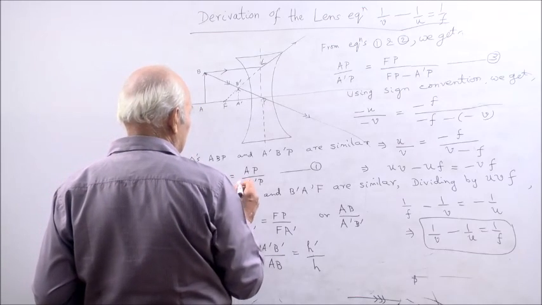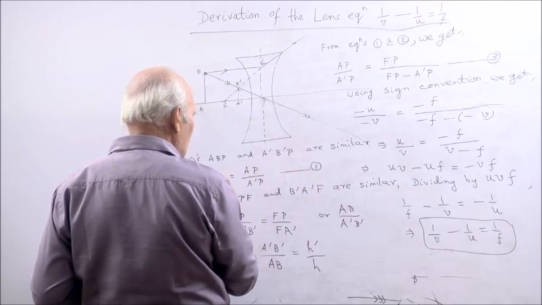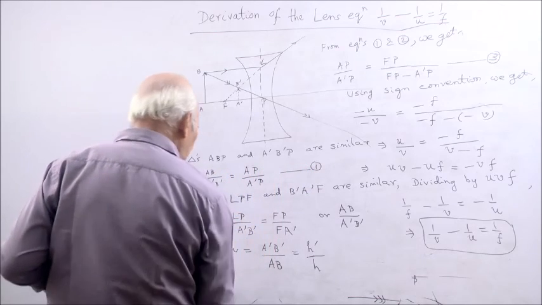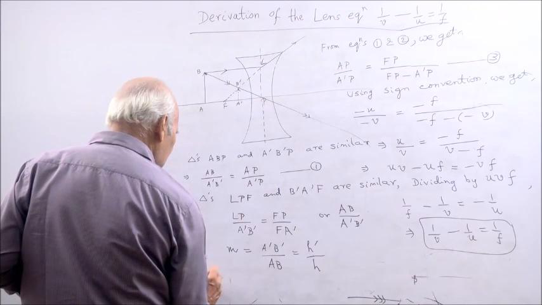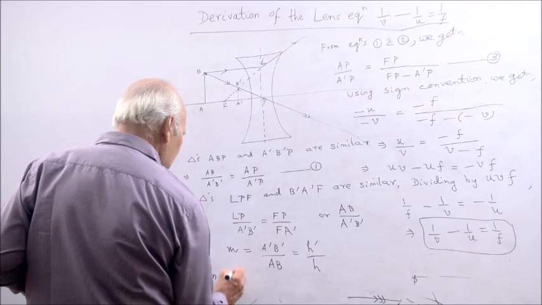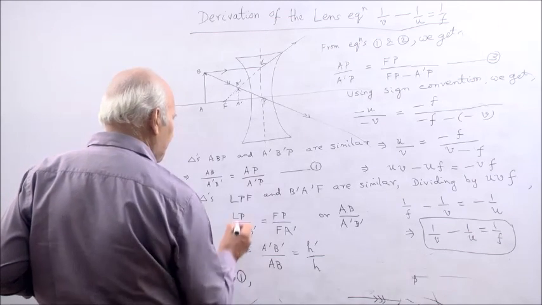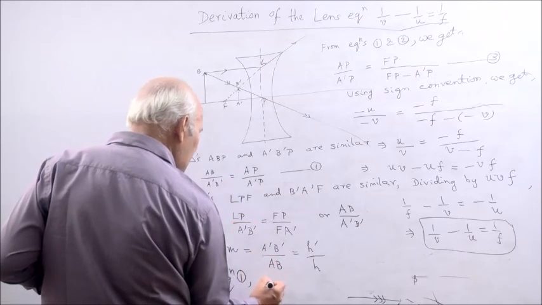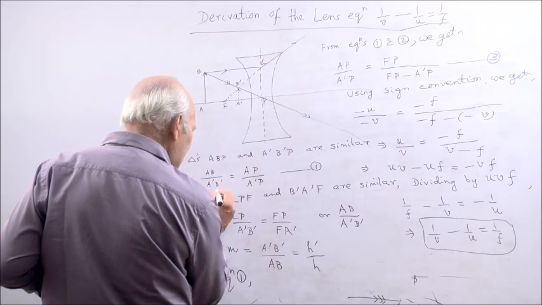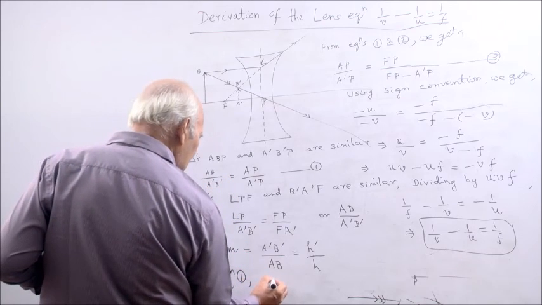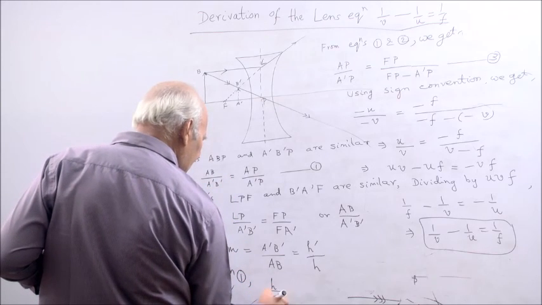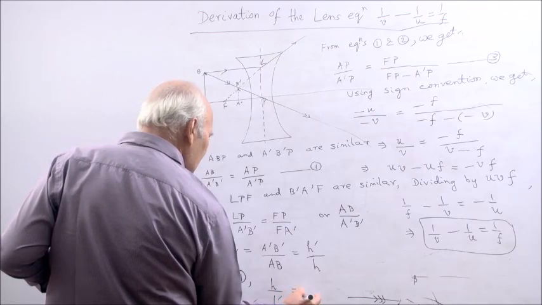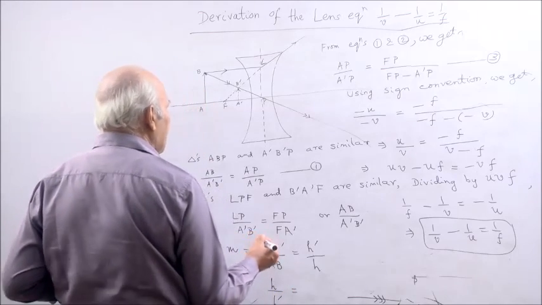So, for A dash B dash by AB, you get equation 1. From equation 1 you get this is H by H dash. So, it is H by H dash is equal to AP.